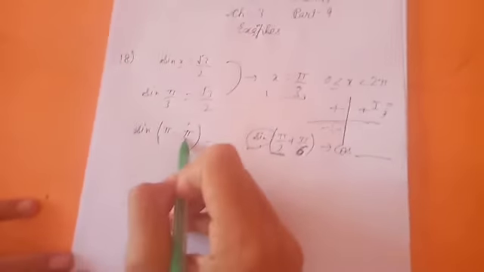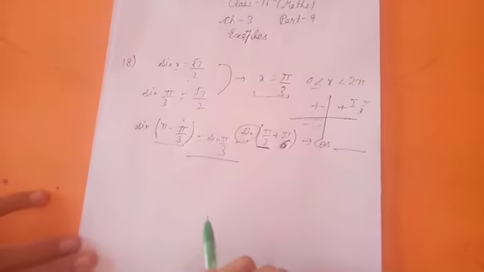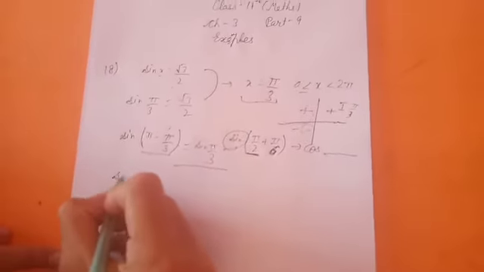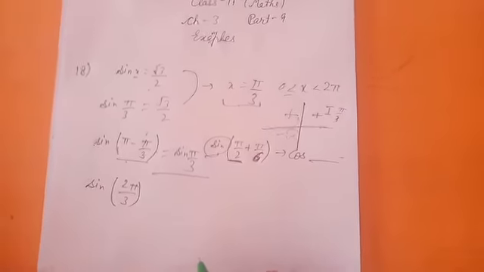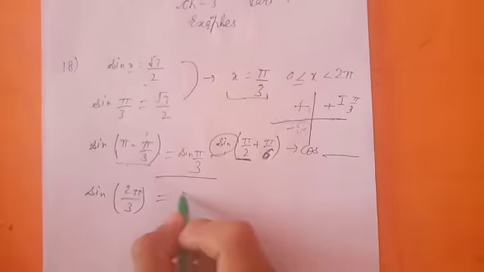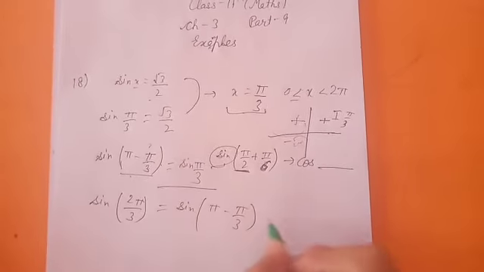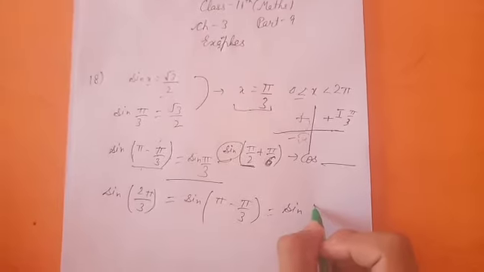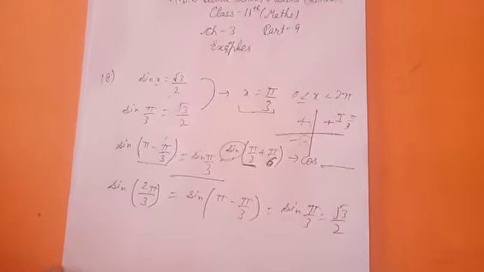Again we got sin pi by 3. But what is pi minus pi by 3? Pi minus pi by 3 is 2 pi by 3. Means sin 2 pi by 3 I can write as sin pi minus pi by 3, that I can write as sin pi by 3, that is equal to root 3 by 2.